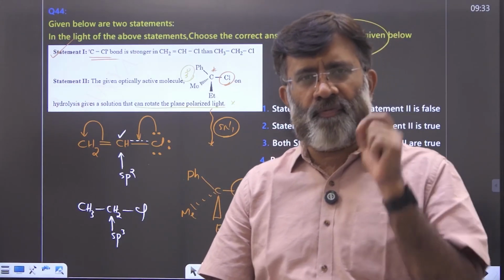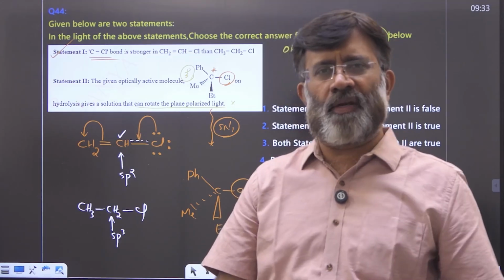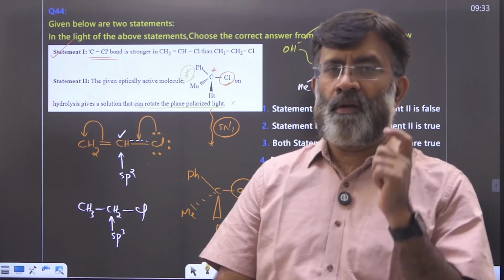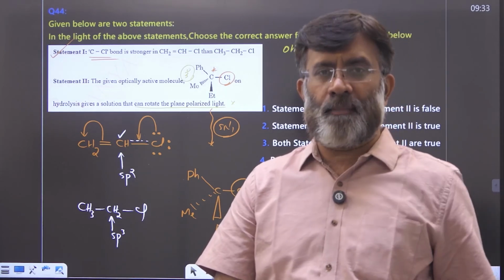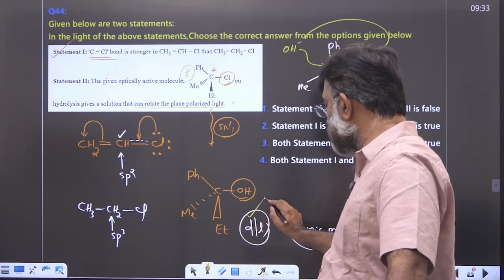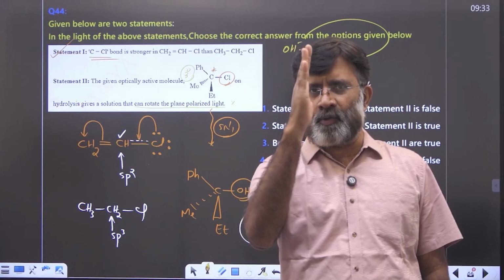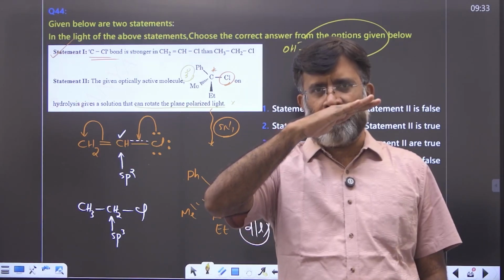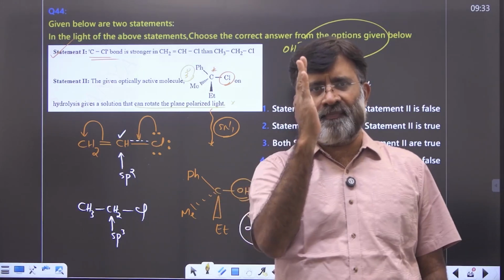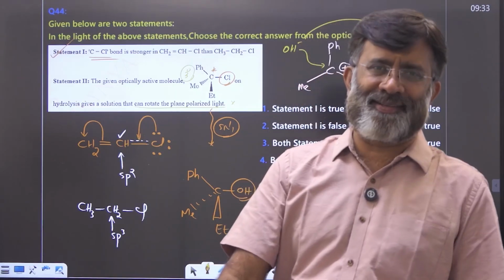There will be a 50-50 chance of retention and inversion, and a 50-50 chance of getting dextro and levo. You get a racemic mixture, and a racemic mixture will not rotate the plane polarized light, because there is 50% this and 50% this. 50% dextro rotating the light to the right. Imagine, the other 50% levo will rotate the light to the left, and there is no net optical rotation. That is what a racemic mixture is.